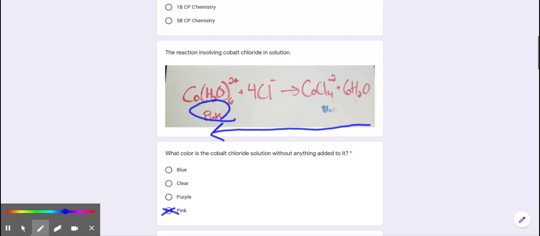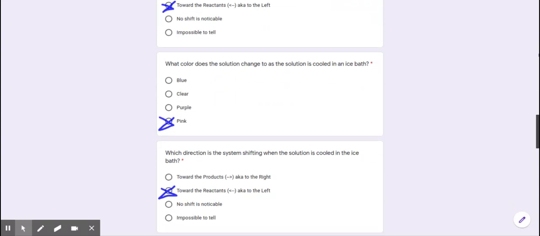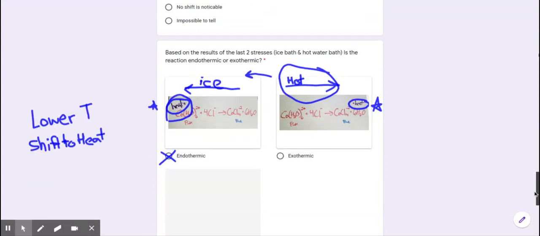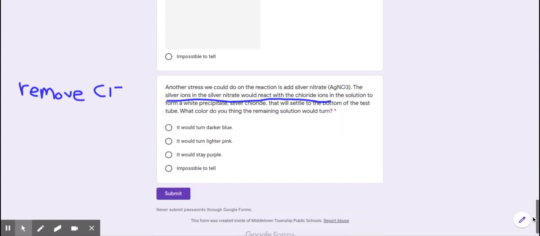I've done this experiment a few times where if you put silver nitrate in there, the precipitate will form on the bottom, but then you will have a lighter pink solution. So our last question here, it would turn a lighter pink.